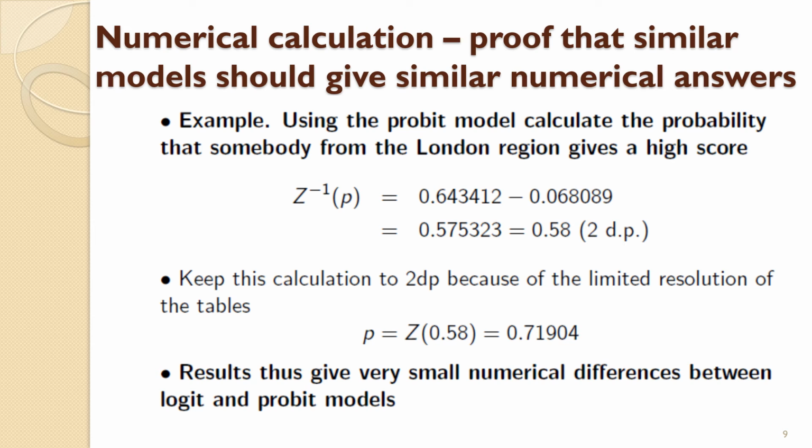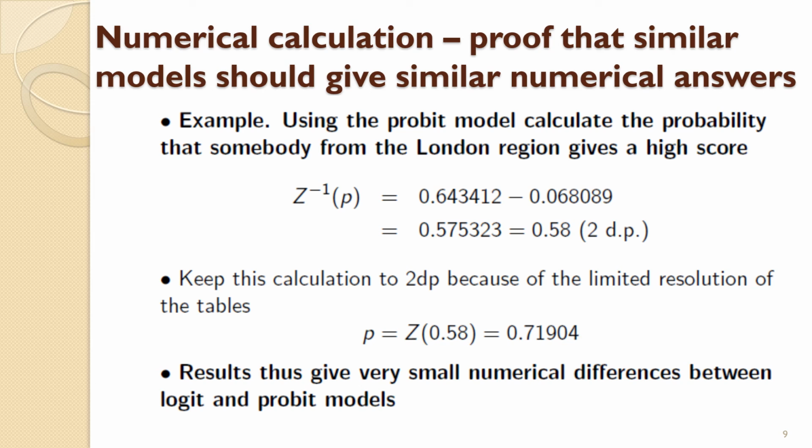The point of this slide is that you should get a similar estimate to the previous slide. Again, similar models should give you similar numerical answers, which should give you some confidence in terms of the reasonableness of the numbers that come out at the end of it. So what you would do for the probit model is set z to the minus 1 of the probability equal to the regression bit. Then if you're doing this by hand by tables, you would just keep this number to 2 decimal places.